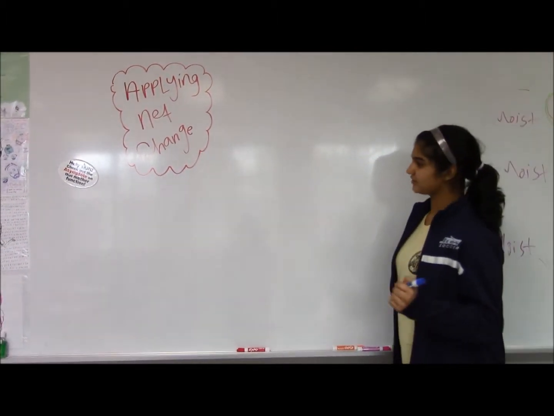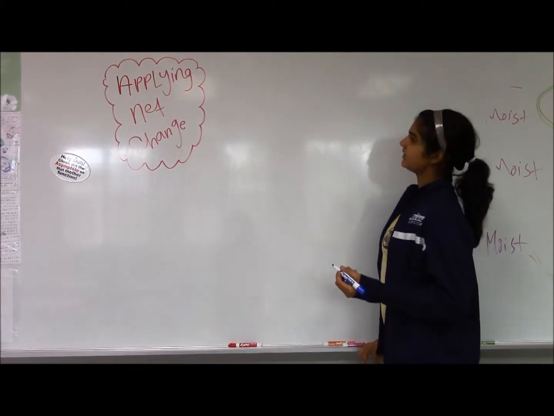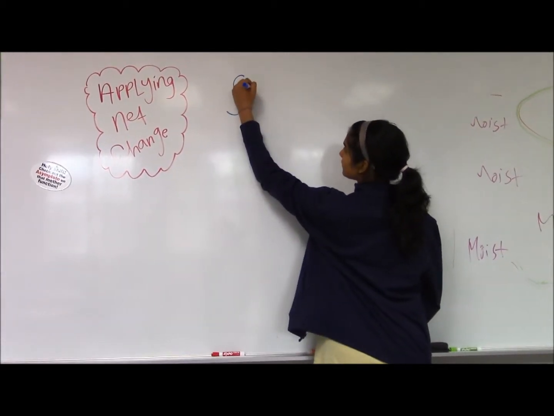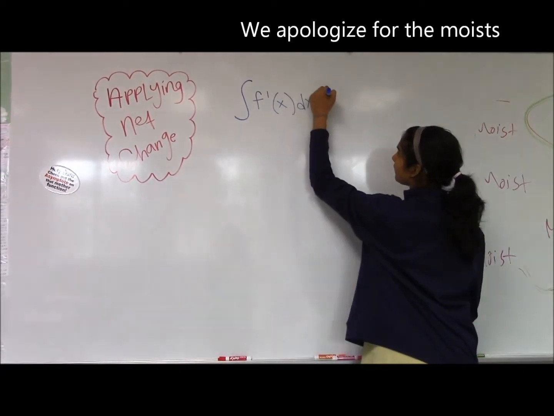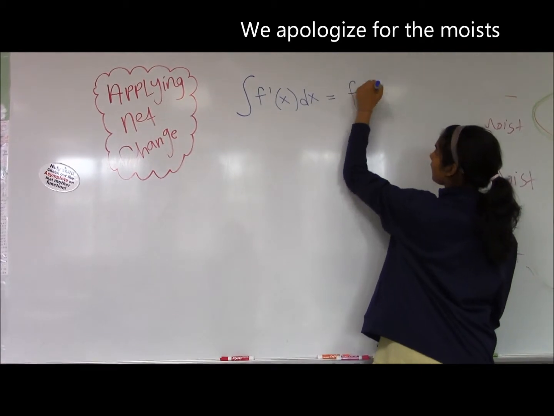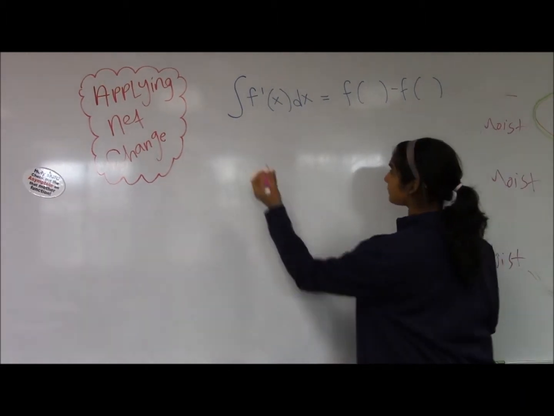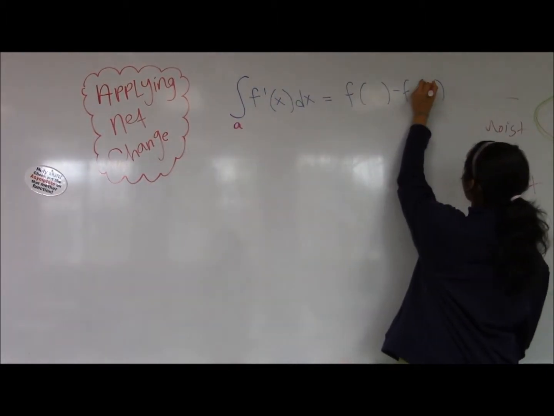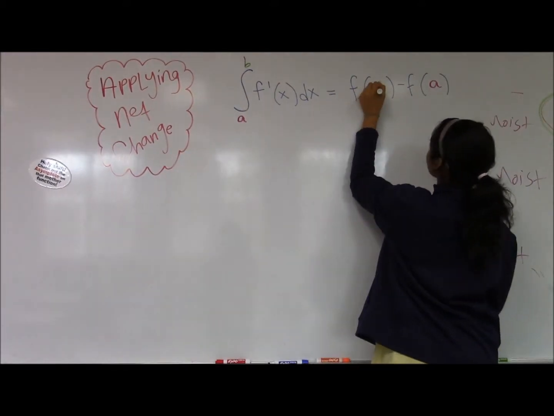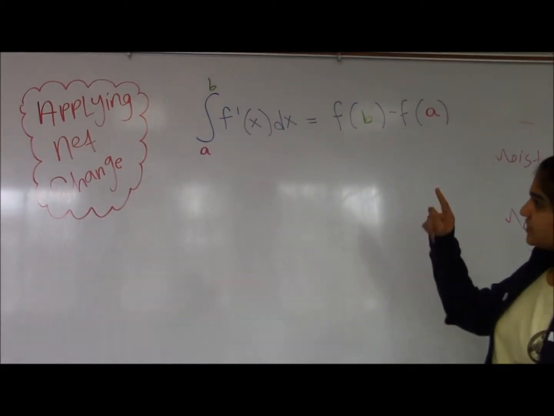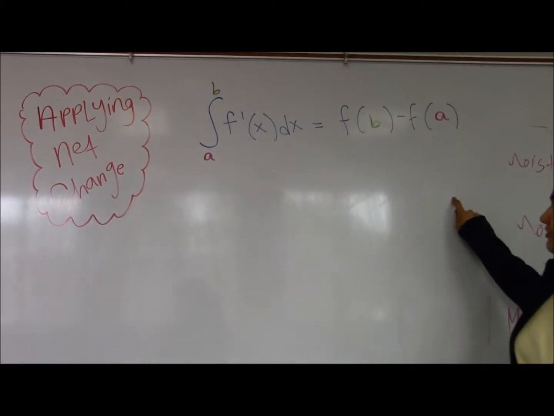Okay, so the most important formula of net change is also known as the first fundamental theorem of calculus, and it is as follows. It is the integral from a to b of f prime of x dx, and that equals f of b minus f of a.